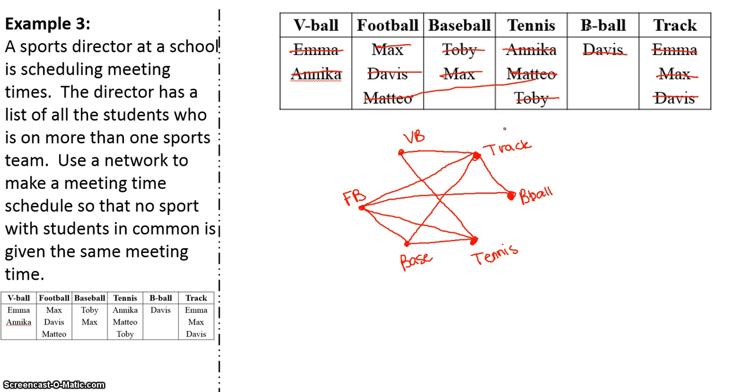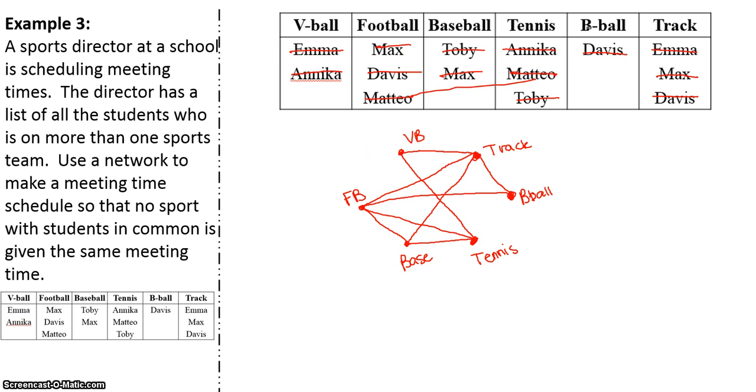So the key on this one is that whatever is in that first row there, that's going to be your nodes, and then your edges connect things together that have students in common. Now we are going to try to get the least amount of groups, because the sports director needs to make meeting times so that if you're in more than one thing, you can make all of the different meetings that you're supposed to be involved in.